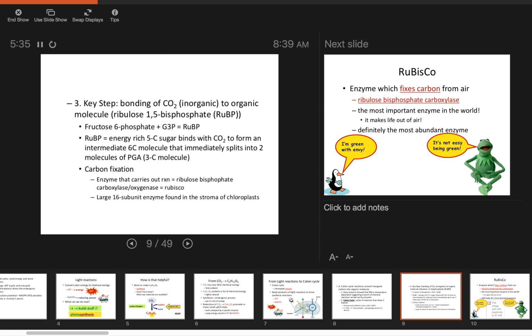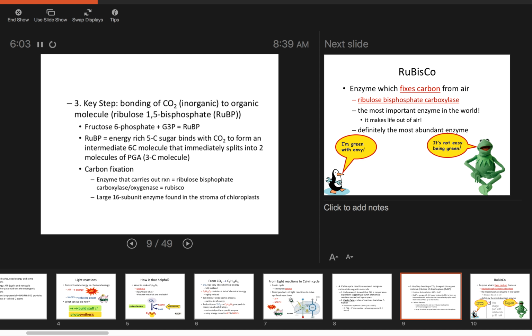It's a very large enzyme found in the stroma of chloroplasts, and what it does is it takes a molecule called RuBP, which stands for ribulose 1,5-bisphosphate, so we'll just call it RuBP. It's a 5-carbon molecule, and then CO2 is 1 carbon, and we're going to bond them to each other using this enzyme, rubisco.